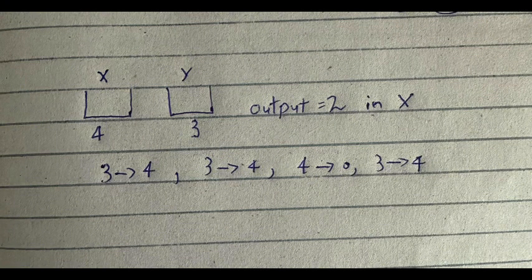Plus we've got two jugs. There's a jug X and there's a jug Y. We know both jugs have a complete capacity. We don't have markers on them. One jug has the total capacity of 4 liters and the other jug has the total capacity of 3 liters. What we want is 2 liters in jug number 1, or jug X. But the catch here is that the only actions we can perform are to fill a jug completely or empty it completely.